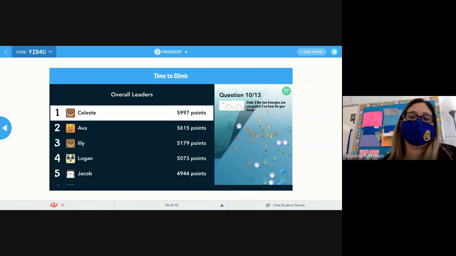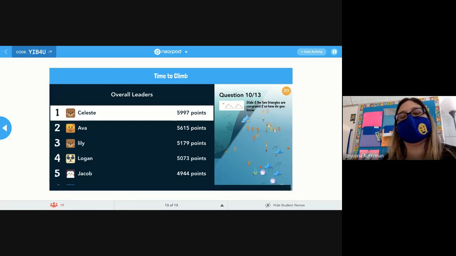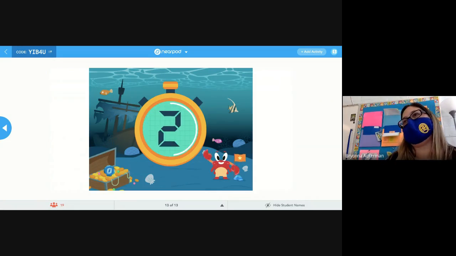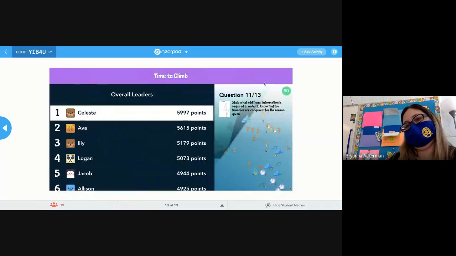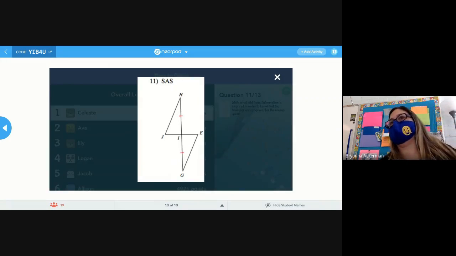Okay, the next 3 have different instructions. They're going to tell you how they want them to be congruent. What do you need in order for it to be like that? So, I want it to be SAS. What additional information do I need? It stopped?